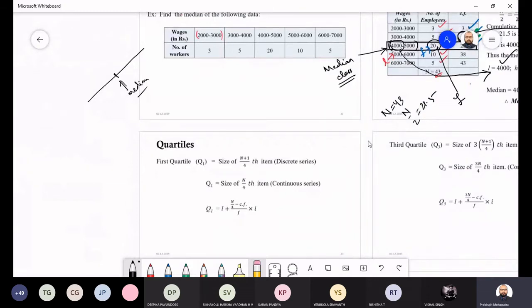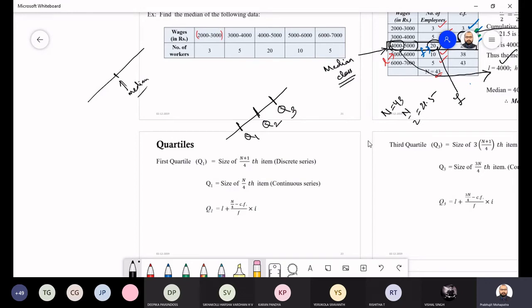So this is your Q1, this is your Q2, this is your Q3. They are dividing the whole data into the 4 equal parts.